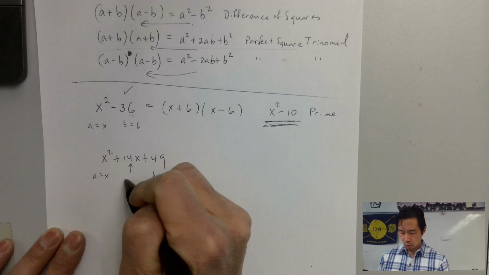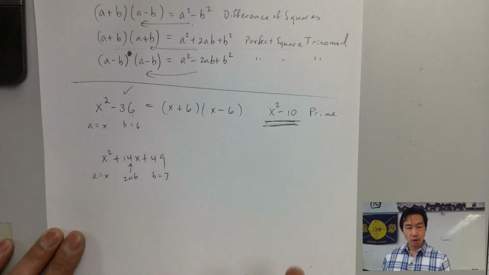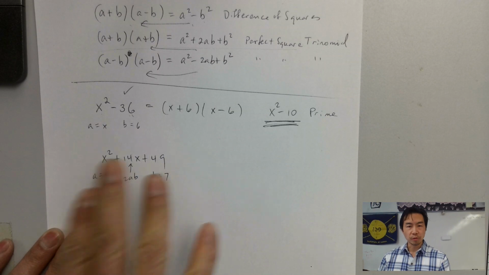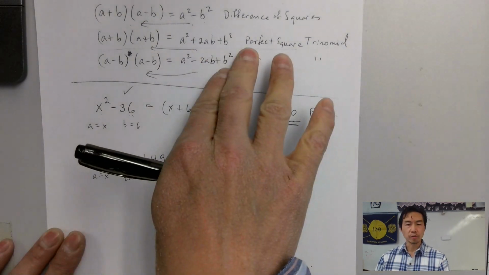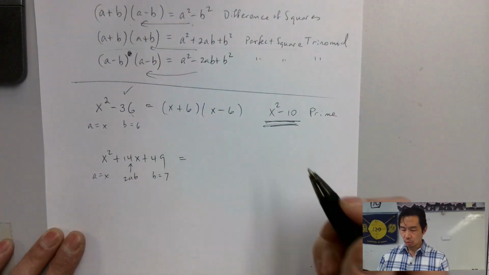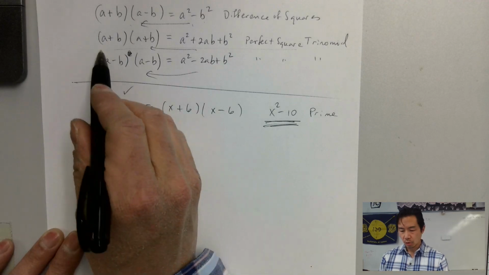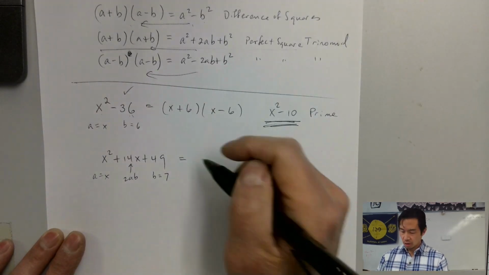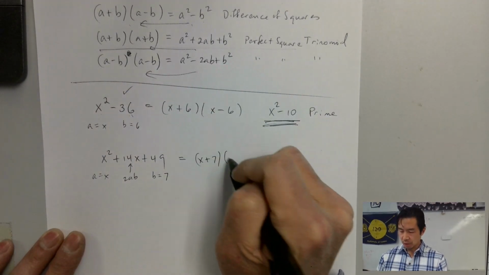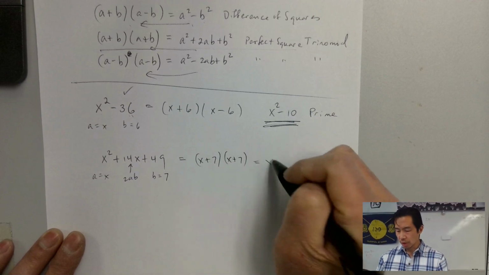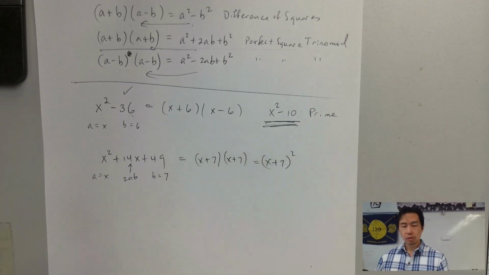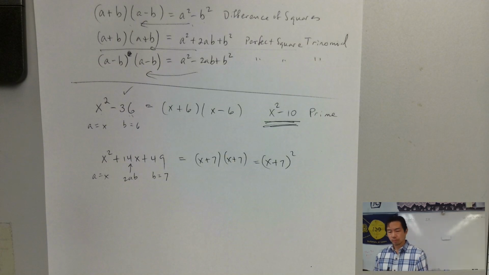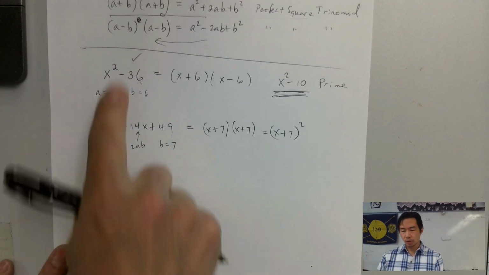So this corresponds to 2ab. Therefore, the entire trinomial fits the perfect square trinomial form, and we may factor it according to this pattern. X plus 7 times x plus 7. Or if you wish, you can write it as x plus 7 squared. Okay, now for the other perfect square trinomial.